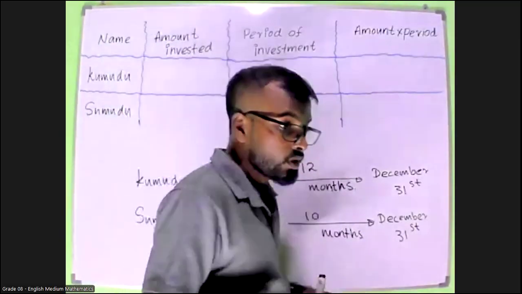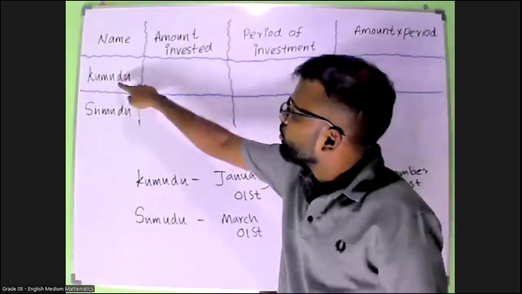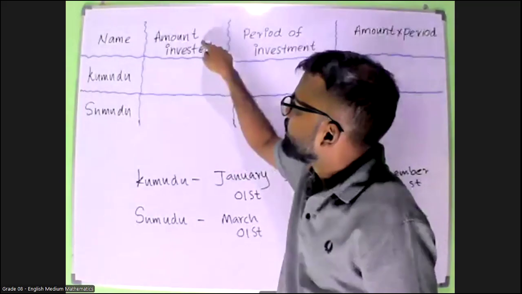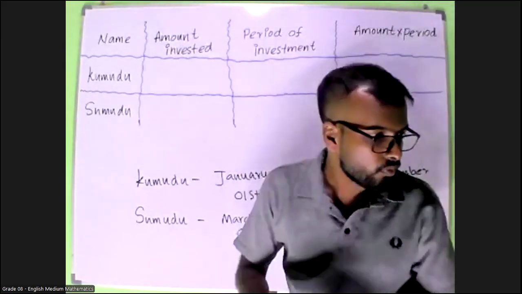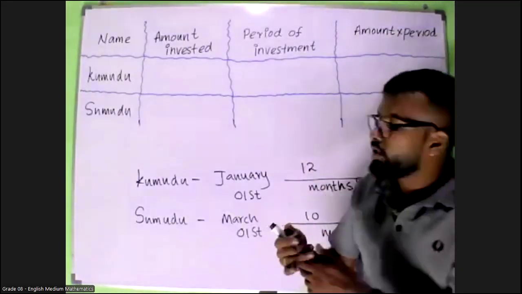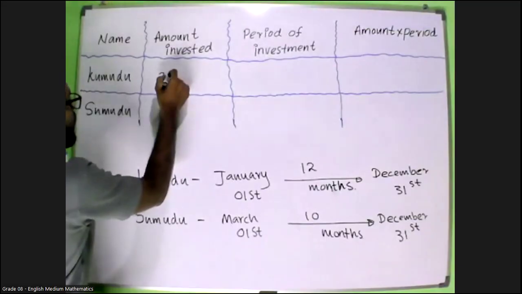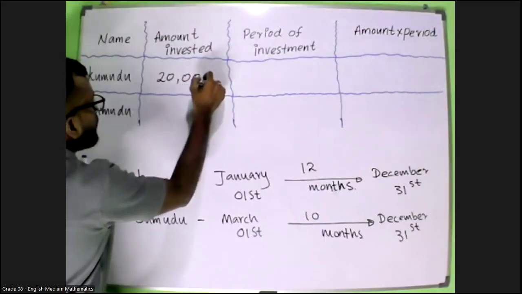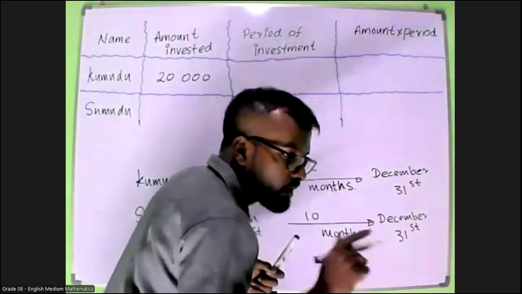Okay. Now let's go to the other thing. How to fill this? Kumudu's amount invested in the first column: 20,000 rupees. Sumudu, 30,000 rupees.